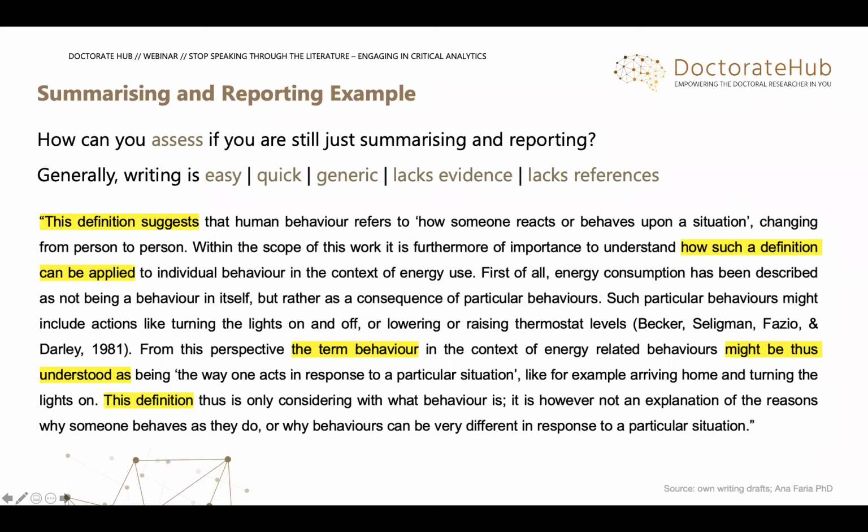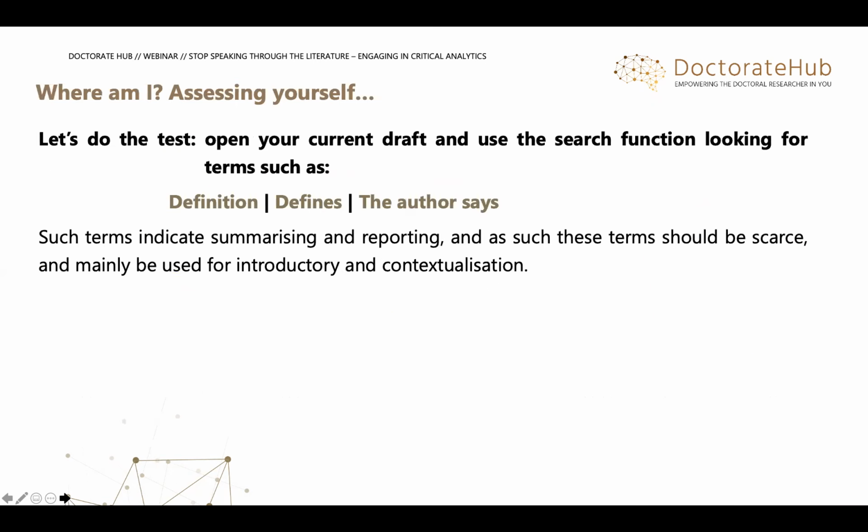So you can check for yourself where you are in your writing by looking for the very simple word "definition", or for the word "defines", or for "the author says". And your word editor of choice will deliver you the results and show you clearly where you are working still only over definitions, or where definitions already don't appear.